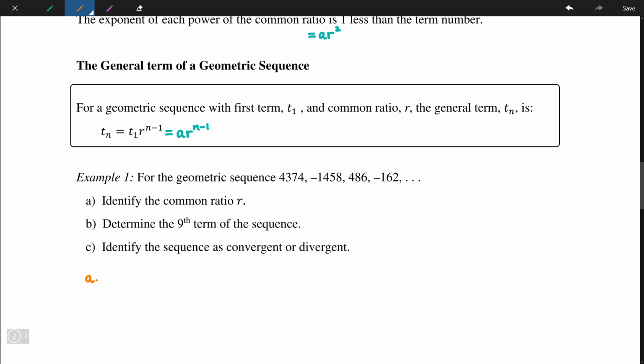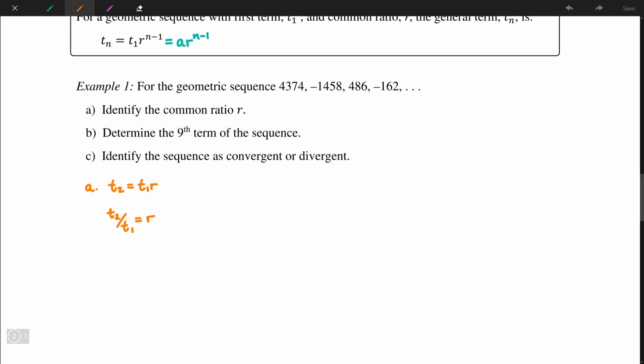So what I mean is the second term is equal to the first term times r. So the second term divided by the first term would just be r by itself. And then, of course, in our example here, the second term is -1458. And then we divide it by the first term of 4374. And that will give us the r value, which would be, let's see, -1/3.